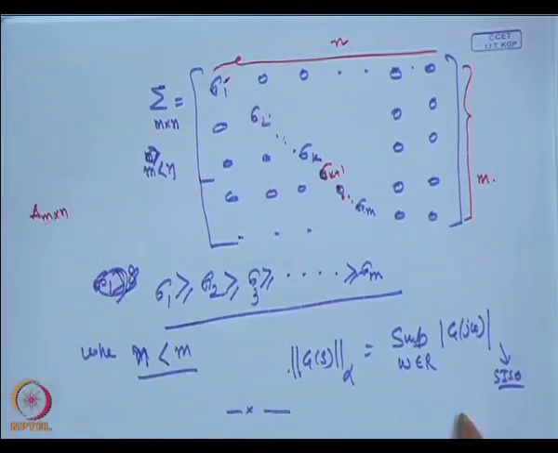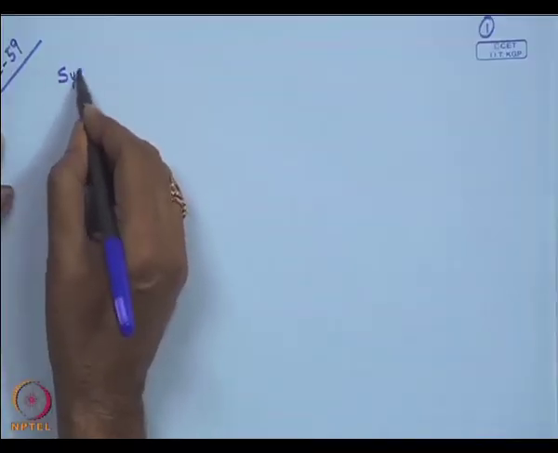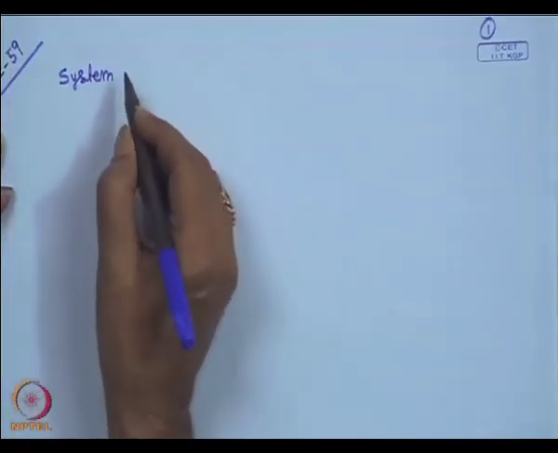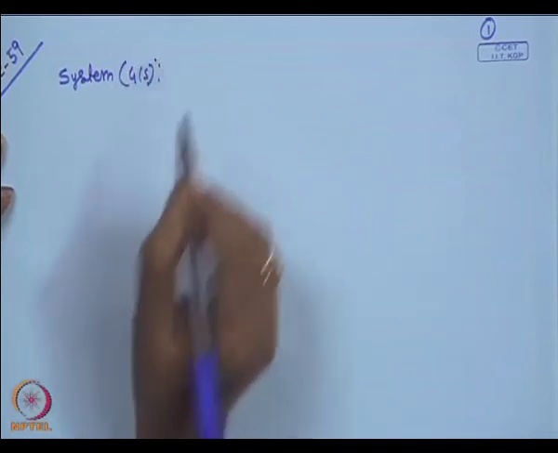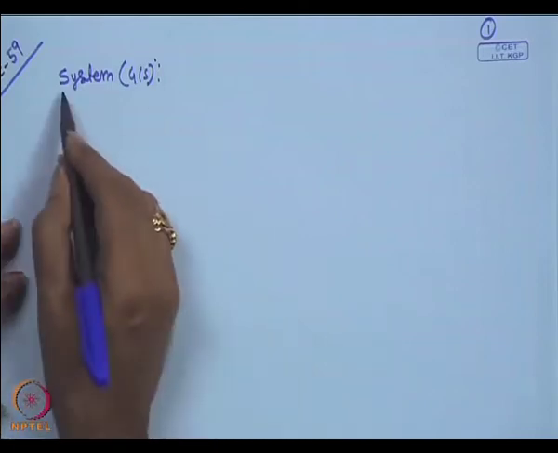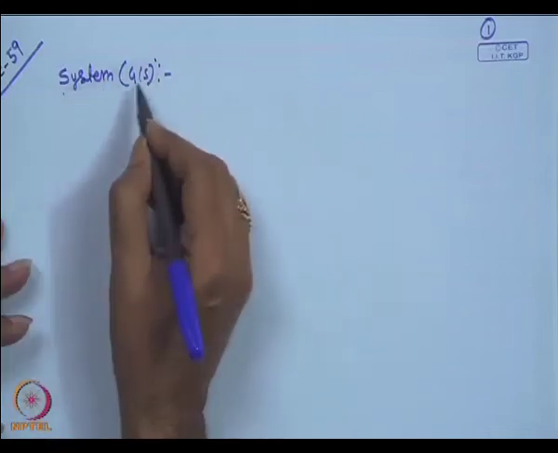So, now we will discuss the H infinity norm of a system. As we have discussed earlier, what do we mean by system norm? The system G is a dynamic system described by a transfer function matrix G of s.